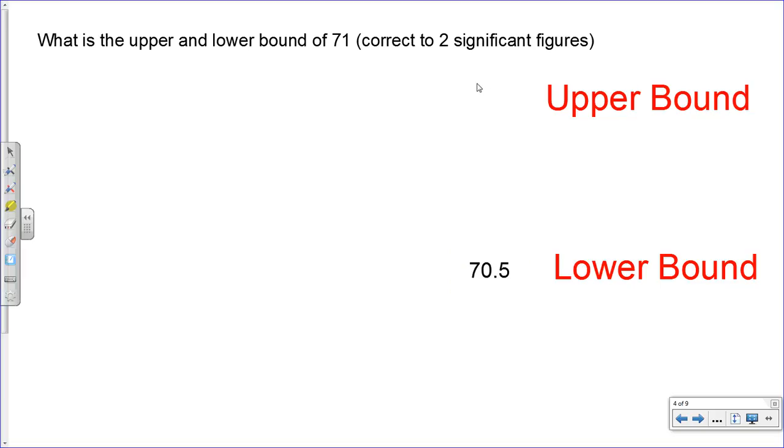The upper bound would be 71.5. Again, we know that the actual figure would be 71.49 recurring, but 71.5 would be sufficient.